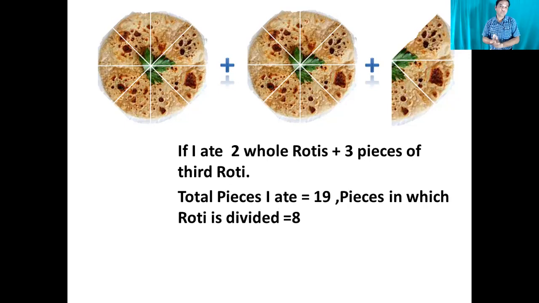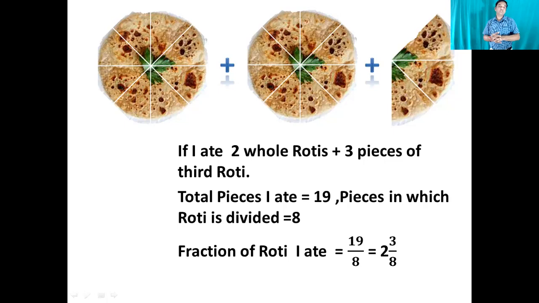from the given rotis, where each whole roti is divided into 8 pieces. Such 19 pieces I have eaten, and this fraction can be shown as 19 pieces in which the whole is divided into 8. So 19 out of 8 or 19 upon 8 I can show like this, and this fraction is known as an improper fraction. Why is this known as an improper fraction?